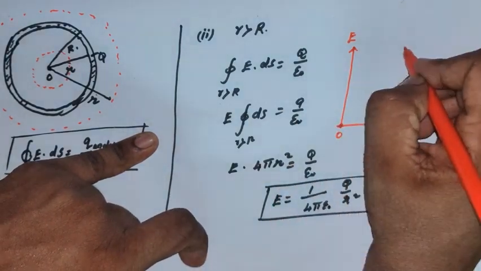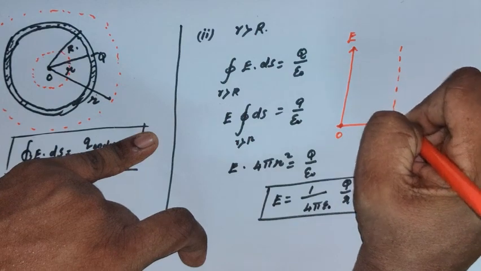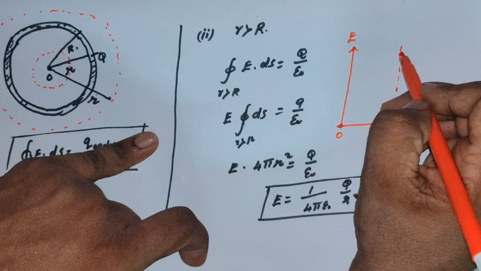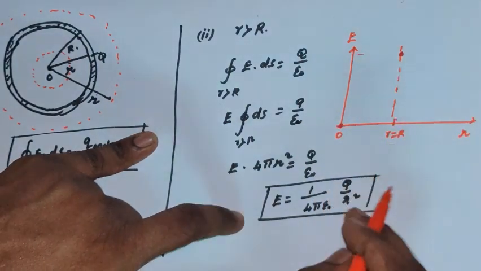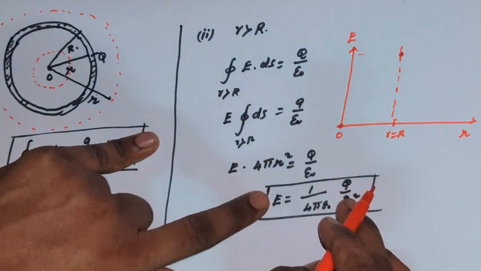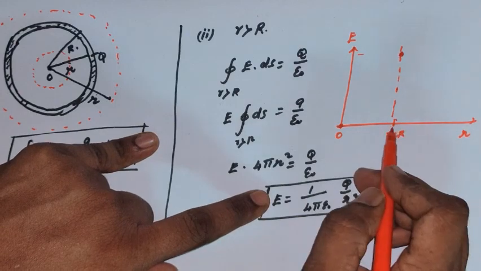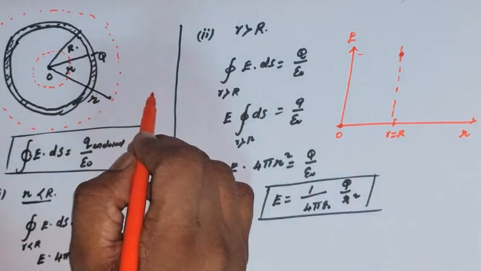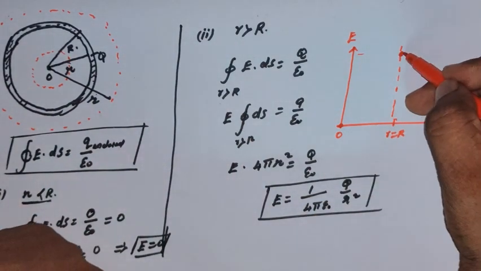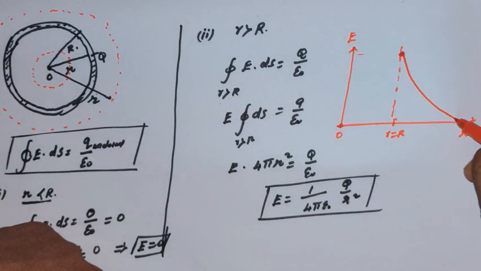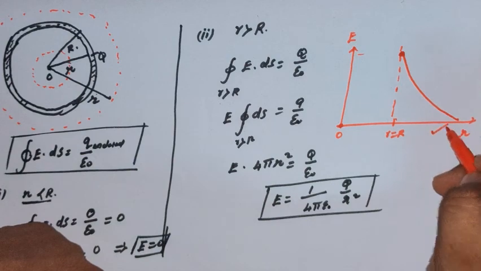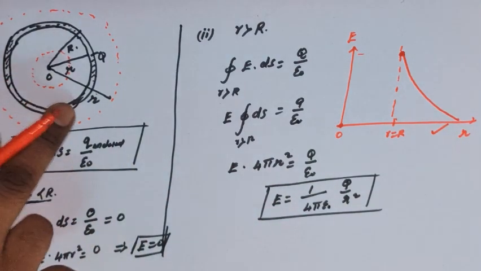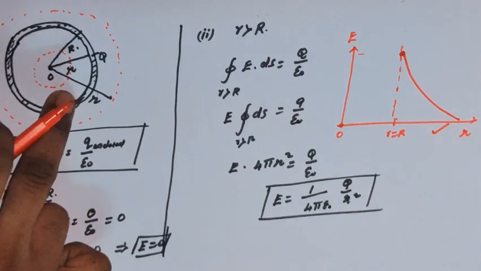But at r equal to R, there is some finite field, some constant value. After that, as r increases, it keeps on decreasing like that. So this would be the graph for the electric field variation of the hollow spherical sphere.